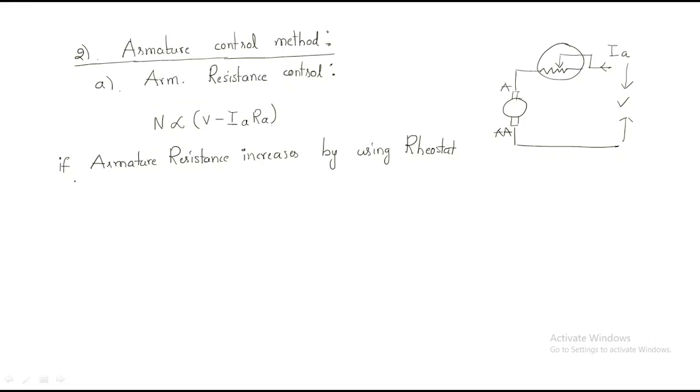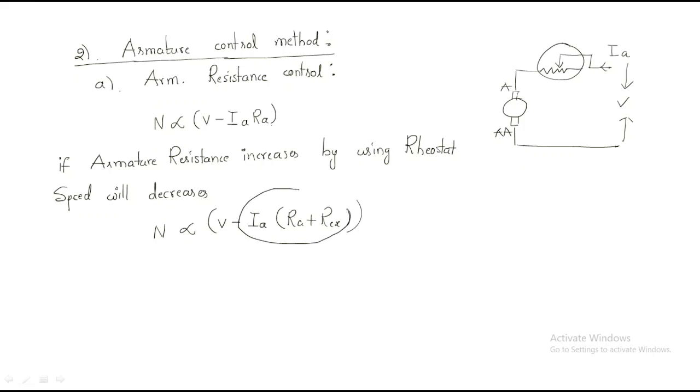R value increases means speed will decrease. Understand? Right. The reason is, whenever armature resistance is added, this term value increases. This complete term value increases. Whenever this complete term value increases, speed value decreases. So by that we can control by the armature control method.